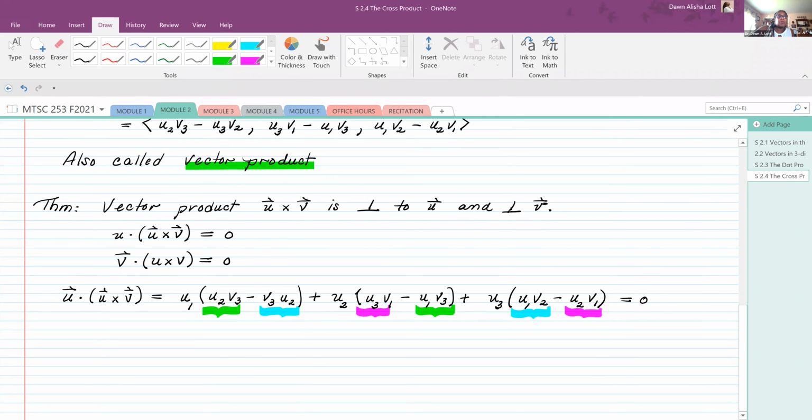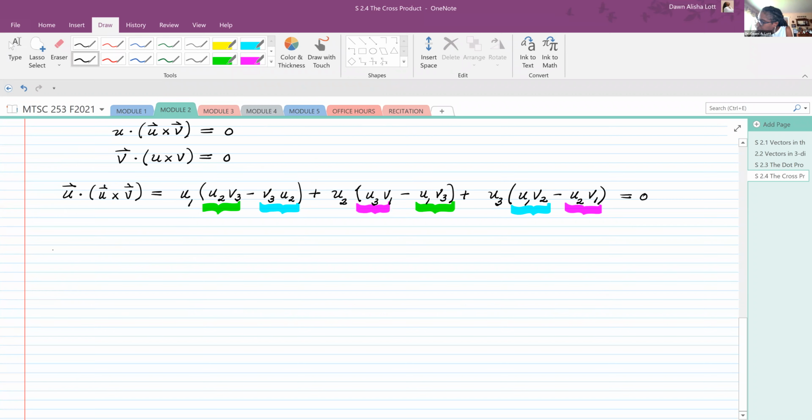All right, so let's recall for a moment. With the dot product, we got A dot B is equal to, I'll just use U and V, since I'm on a U and V kick right now.